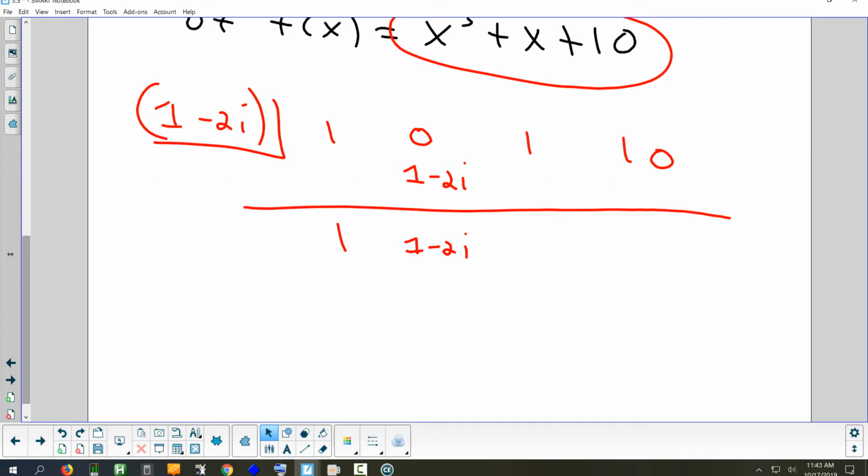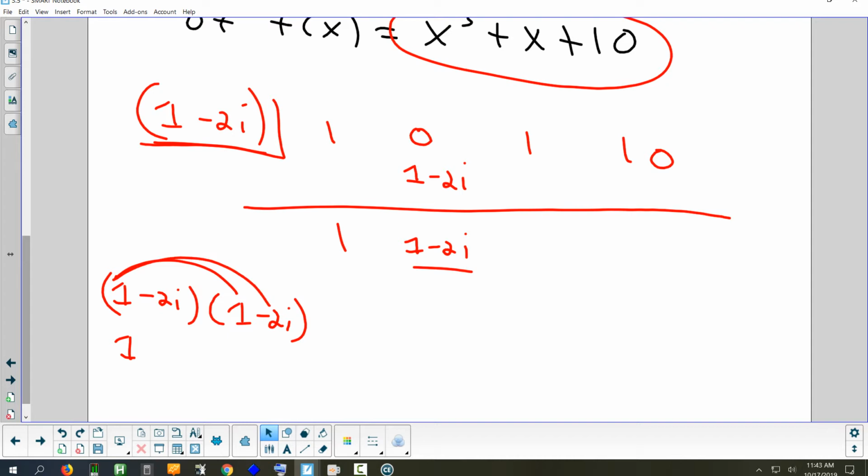Now we need to multiply this times that. So let's do that off to the side. 1 minus 2i times 1 minus 2i. So here's where, when I taught you the multiplication stuff, that's where this is coming in. Let's do it out. 1 times 1? 1.